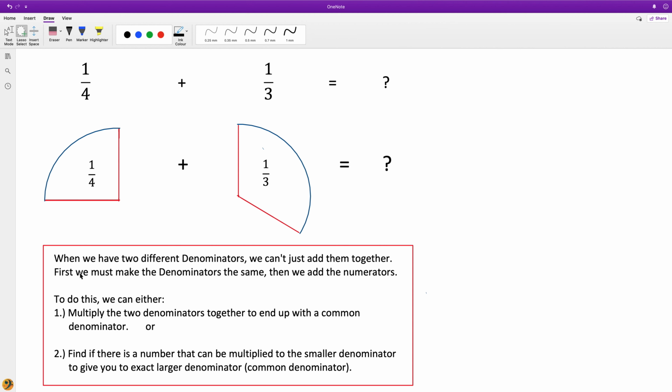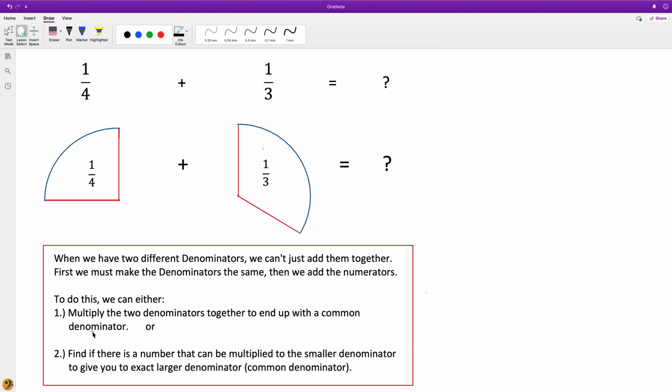When we have two different denominators, which we do in this case, this denominator is 4 and this denominator is 3, so they're not the same. We just can't add them together. First, what we must do is make the denominators the same, and then we can add the numerators.